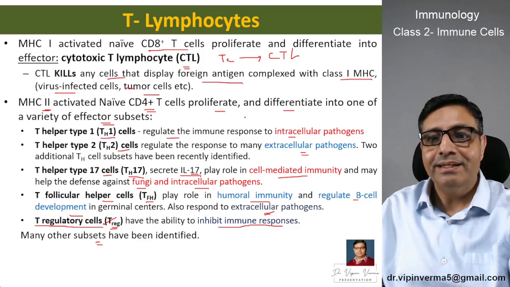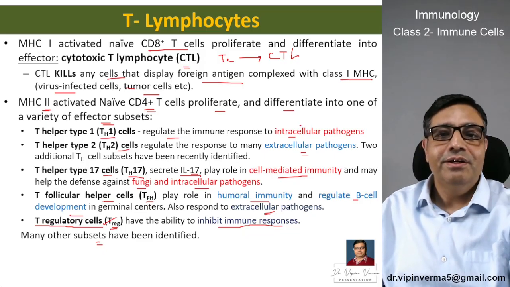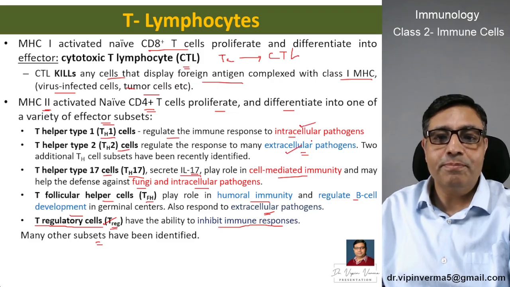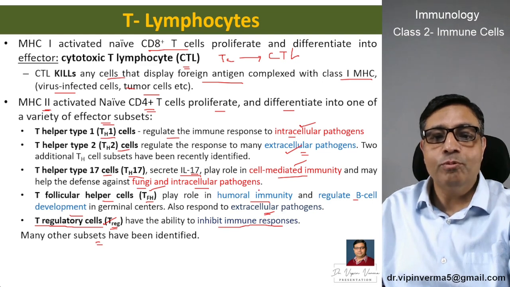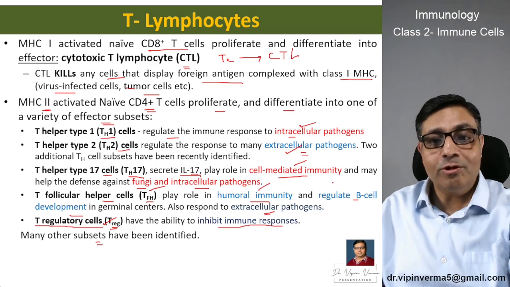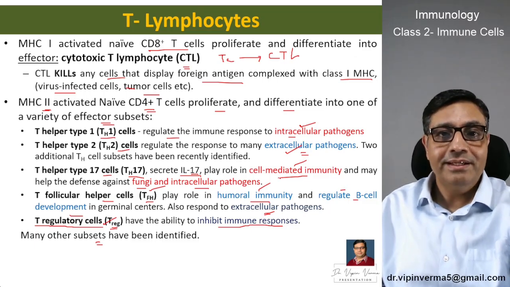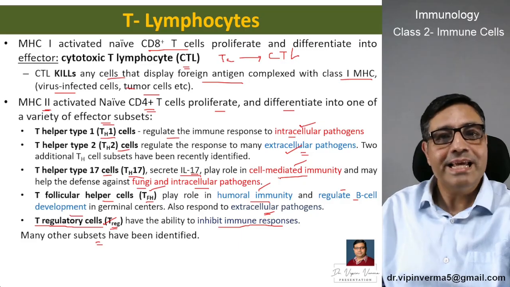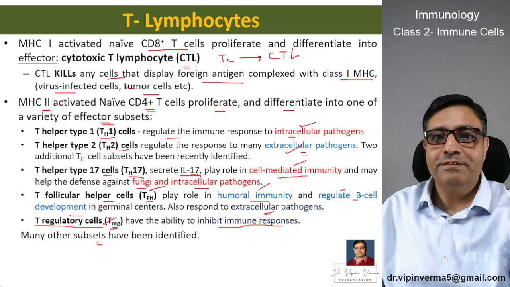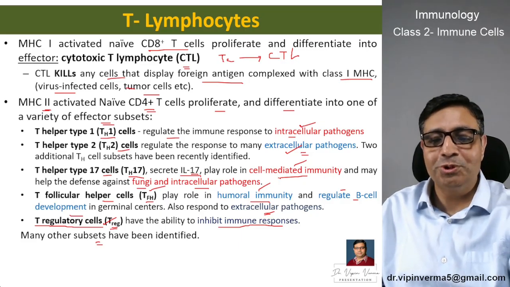So you can see here, T helper cells are also regulating the intracellular pathogens. They are also regulating the extracellular pathogens. They are also mediating the cell mediated immunity. They are also controlling the fungi. They are also mediating the humoral immunity. So they are also regulating the B cell development. So basically you can see they are helping, and that's why the name is helper cells. Okay, the name is pretty good, and that suits these cells.